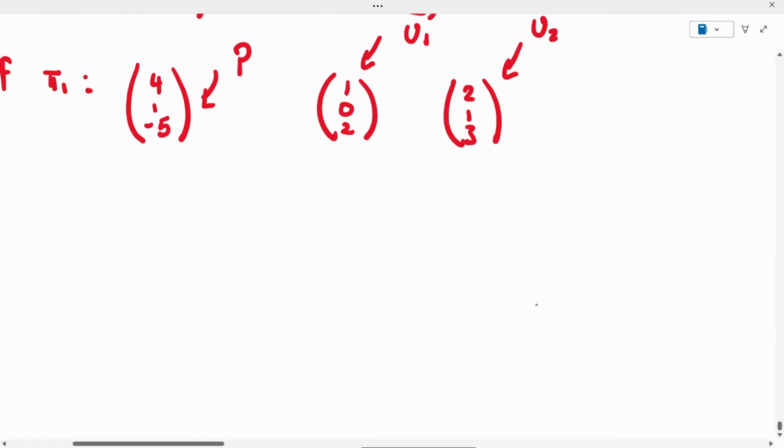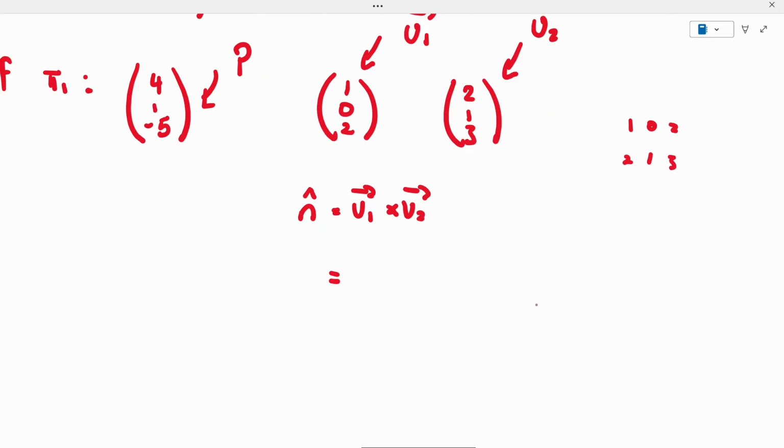So to find our n, we just take the cross product of V1 and V2. We do that real fast, so we'll get V1, 0, 2, 2, 3. Right, so we have 0 minus 2, so minus 2i. 3 minus 4 is minus j.